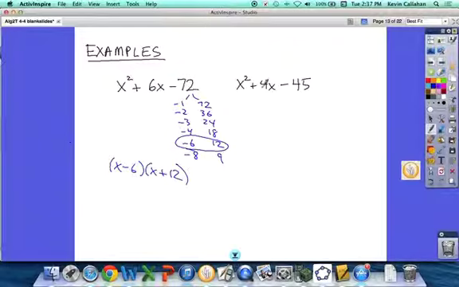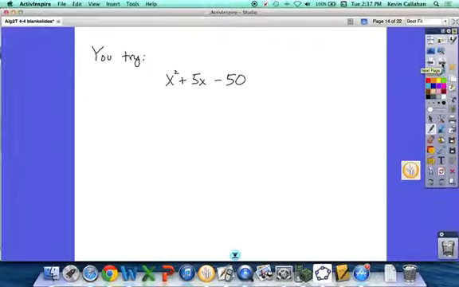Negative 5, positive 9. Okay? Good. If you can multiply, this is not hard. Try that one.